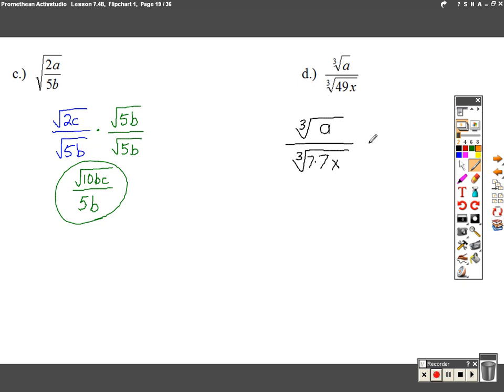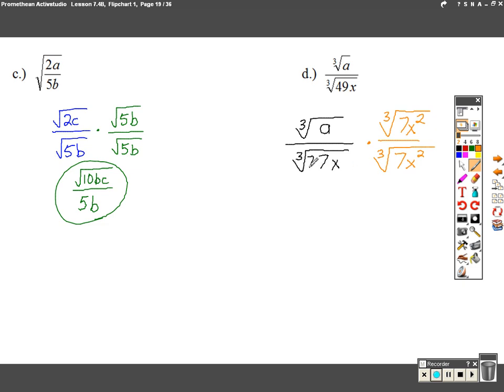So to create a perfect cube, I need the same factor to occur 3 times. I already have 2 7's. I only need 1 more. I only have one x. I need two more. So I'm going to multiply top and bottom by the cube root of 7x squared. This will create a perfect cube for us down here.